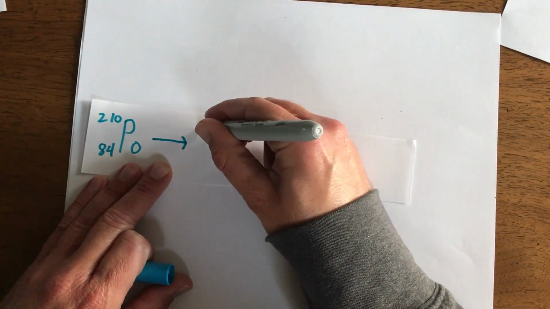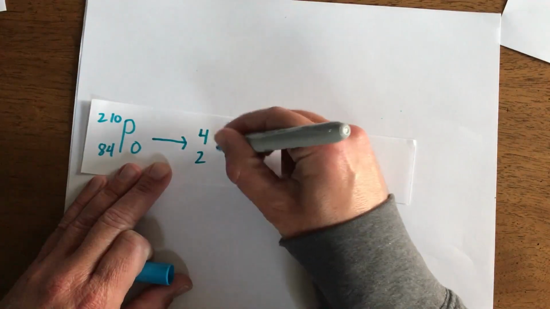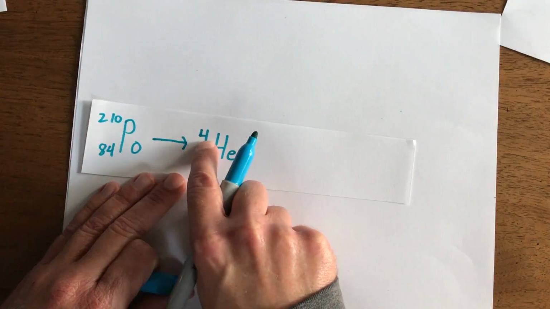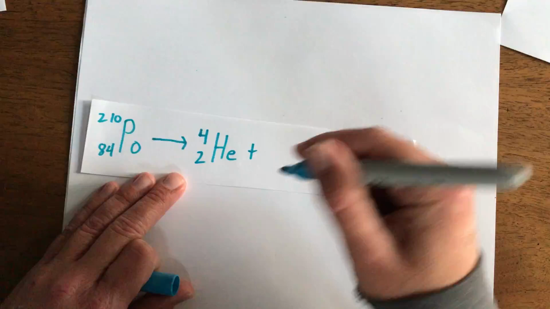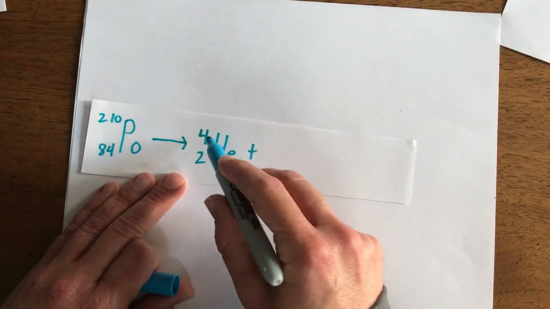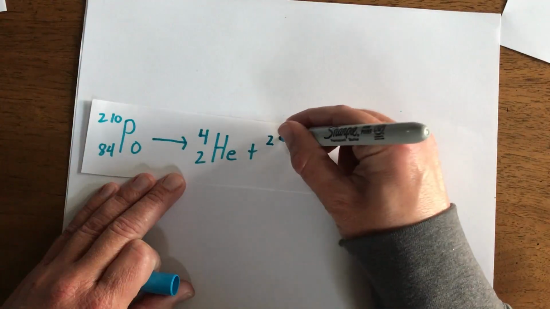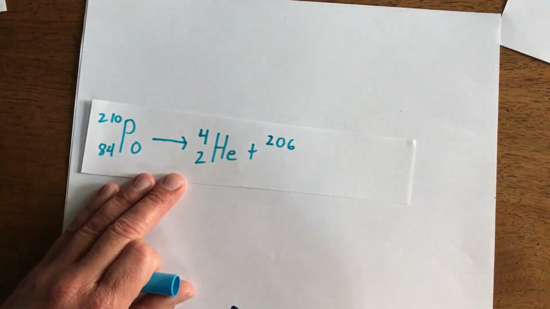And so that means we are going to spit out basically a helium nucleus there. So 2 protons and 4 things overall, 2 protons, 2 neutrons. So alpha decay, always the mass number will go down by 4 because we spit 4 things out. So we will no longer be 210, we'll drop down to 206.